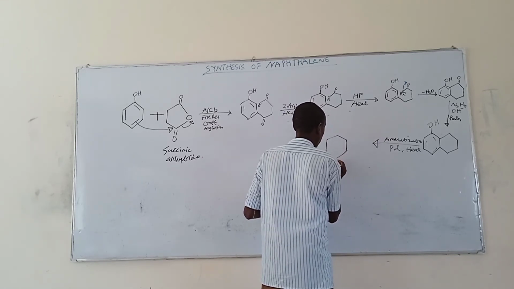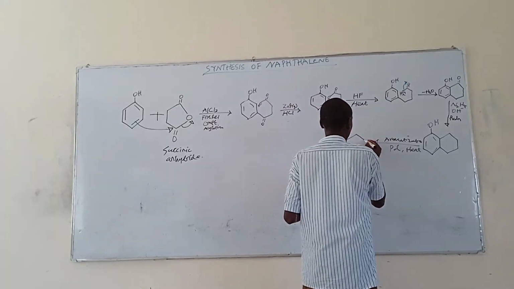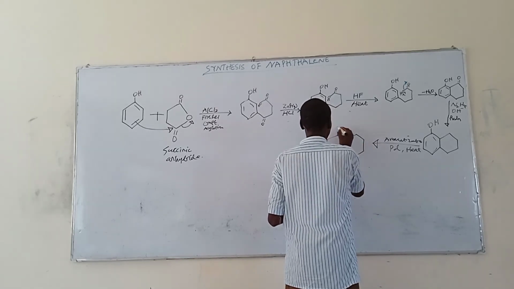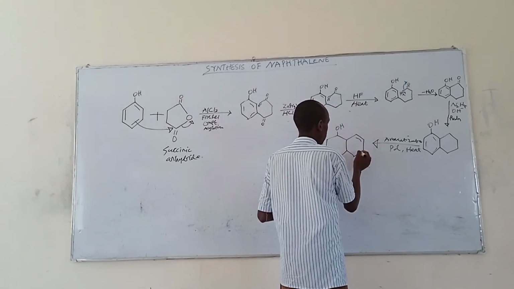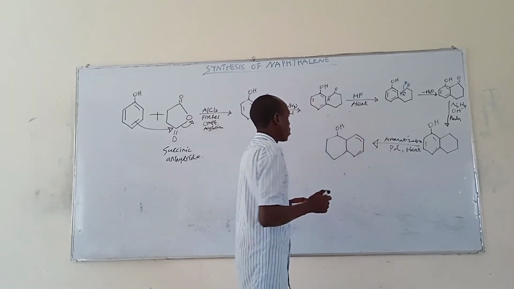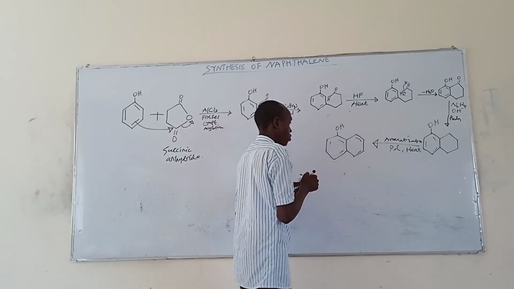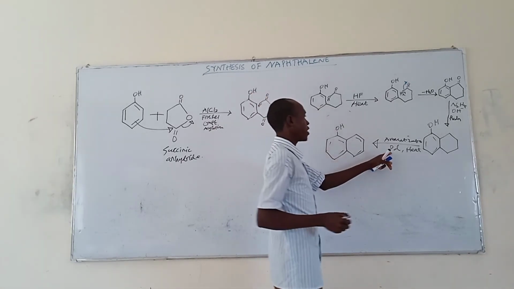This is what is going to be formed after carrying out aromatization. We had our OH there. After aromatization, this ring shall be donated pi electrons. So this now becomes our final product after aromatization.